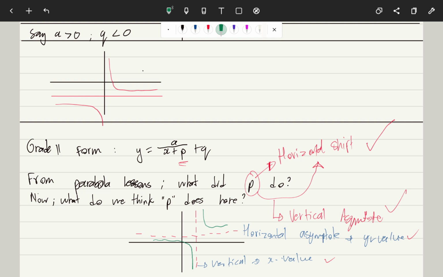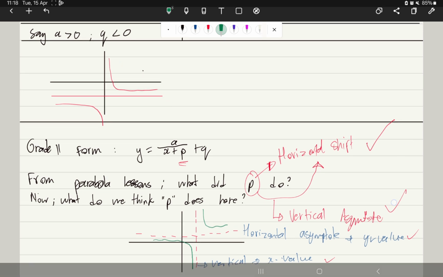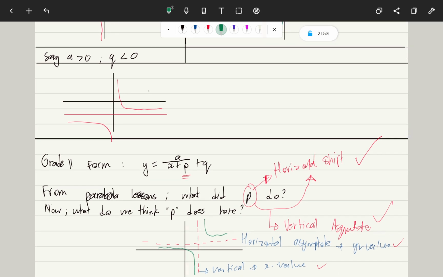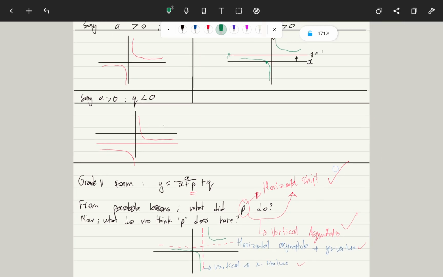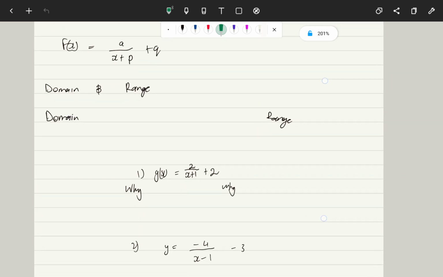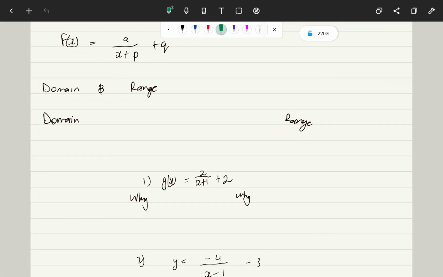I noticed quite often I was making such a silly mistake. So let's go on. I think that is what I wanted to share on this side of the page. Let's see what we have on the next one.